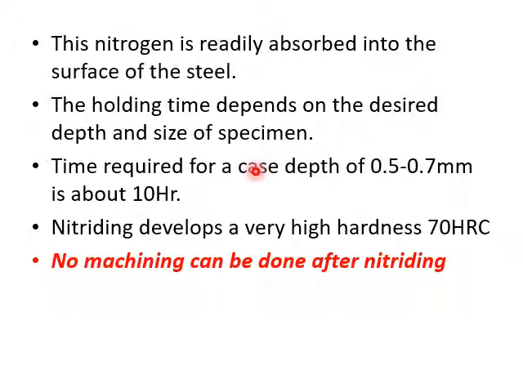Already we know, even during heat treatment, the whole thing depends on the size and shape of the specimen. The time required for a case depth of 0.5 to 0.7 mm is about 10 hours, a little bit more.